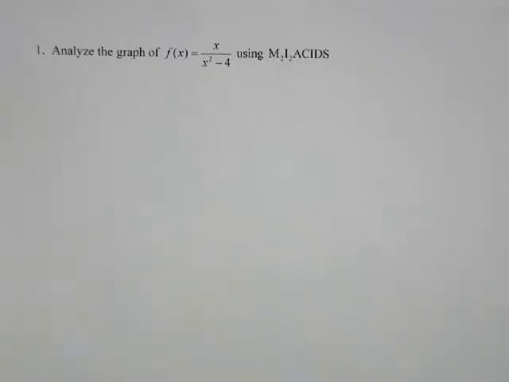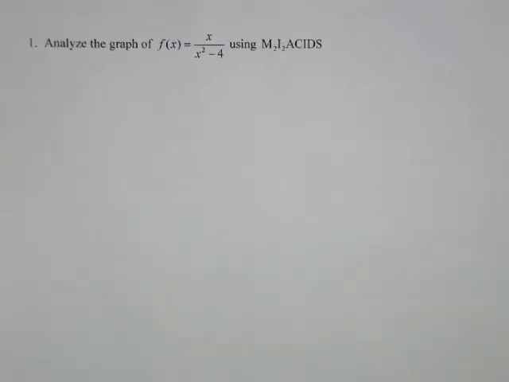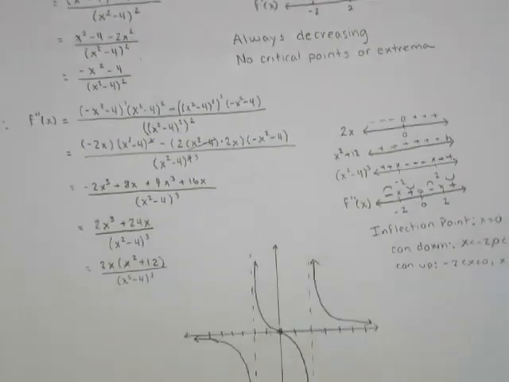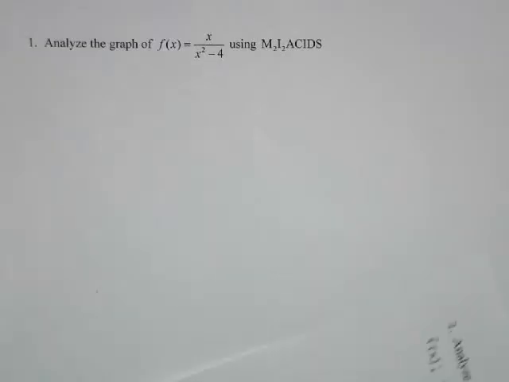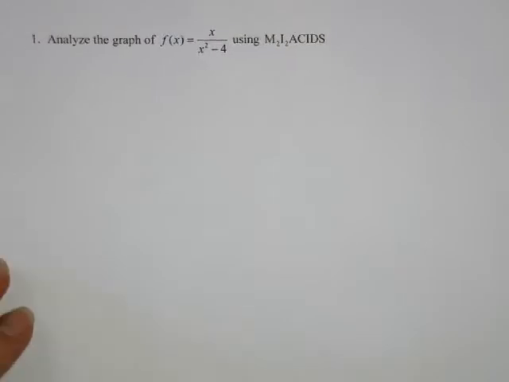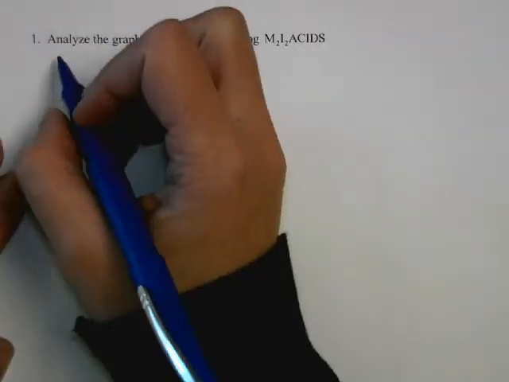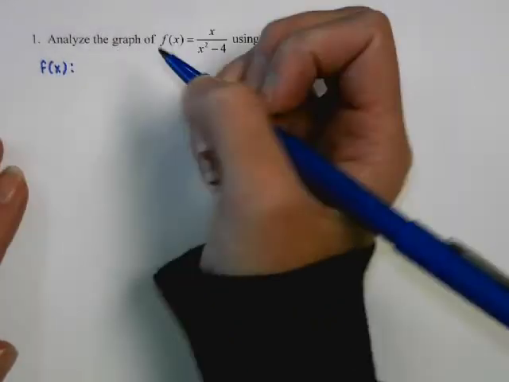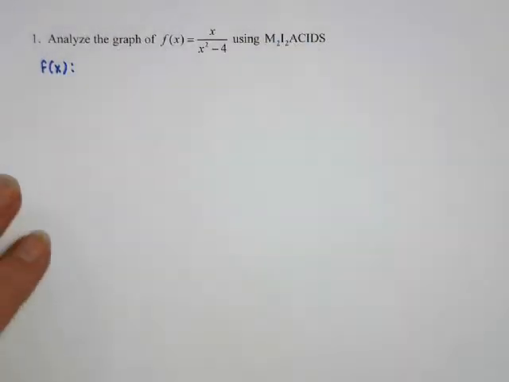Alright, so this next example, there is a lot of white space because we're going to analyze a lot of different things about this function in order to graph it. So just for your reference, here's what my notes end up looking like. So make room. So we're just going to do this by what we can get from f of x, f prime, and then from f double prime.